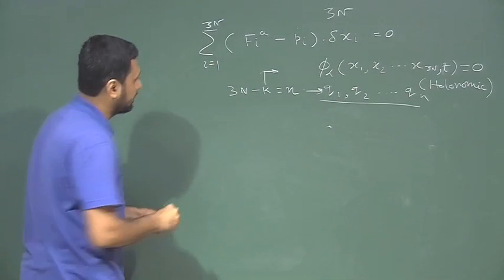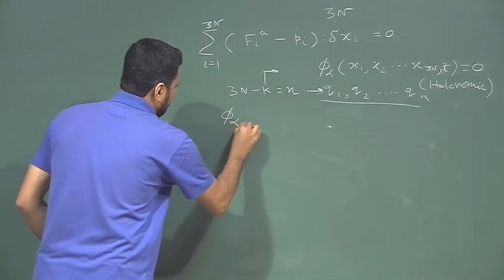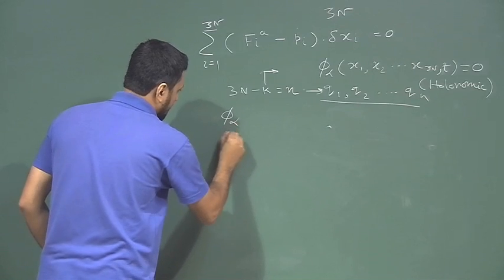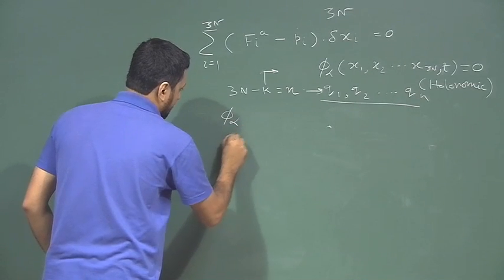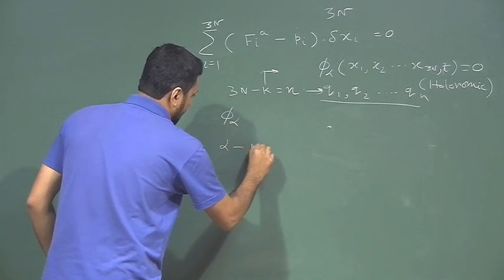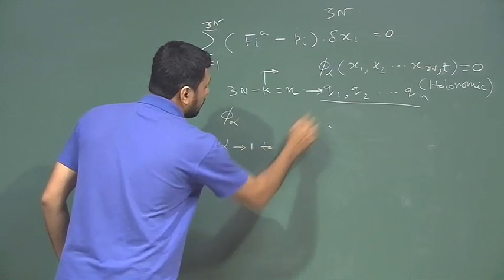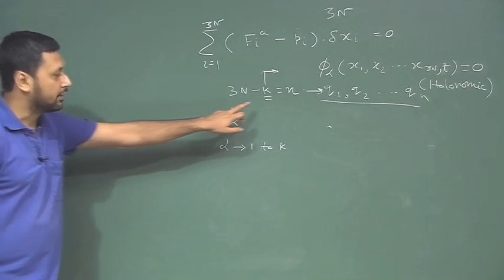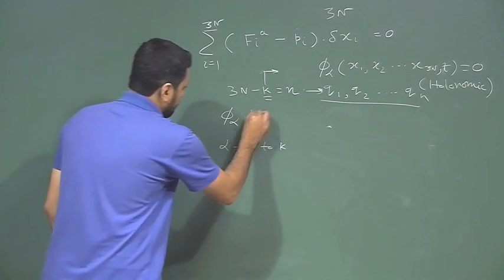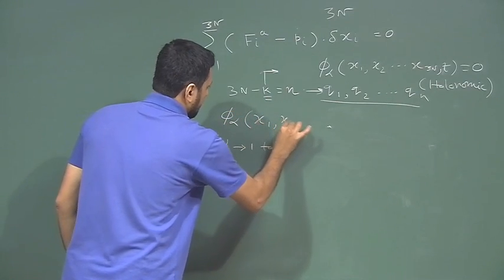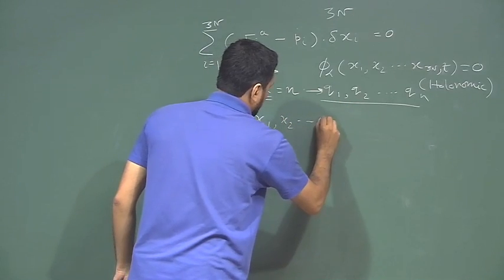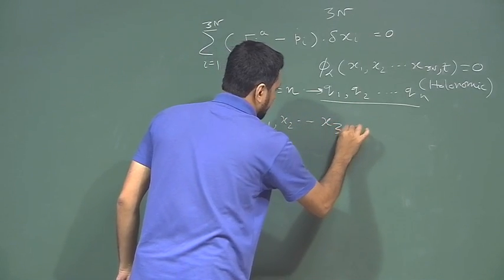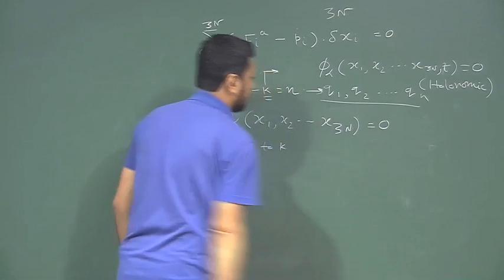I will just write it once again: phi alpha, where alpha runs from 1 to k, k being the number of constraint conditions. It will be phi alpha of x1, x2, up to x3n equal to 0.